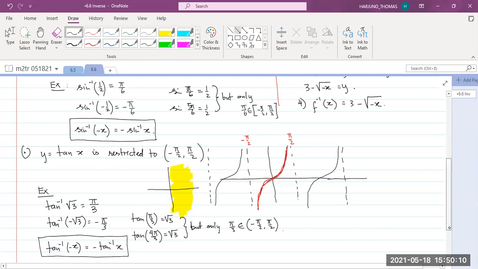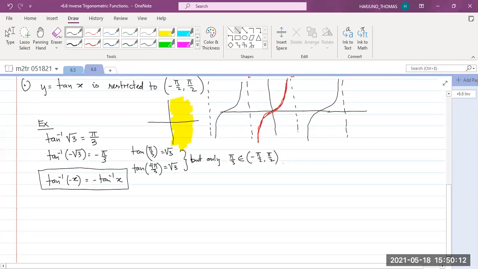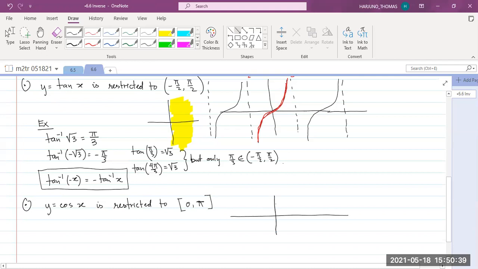Now, how about cosine? Y equals cosine x is restricted to quadrant 1 and quadrant 2. If we take a look at the graph of cosine, it is an even function.